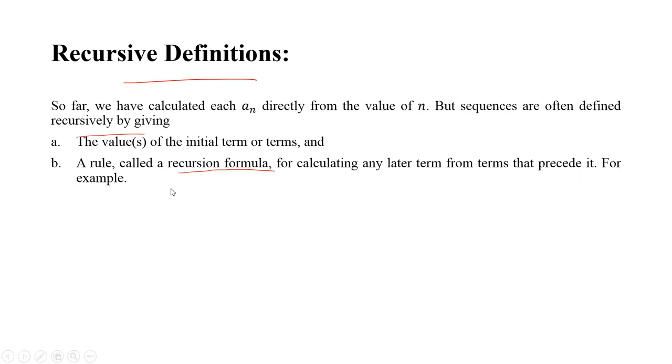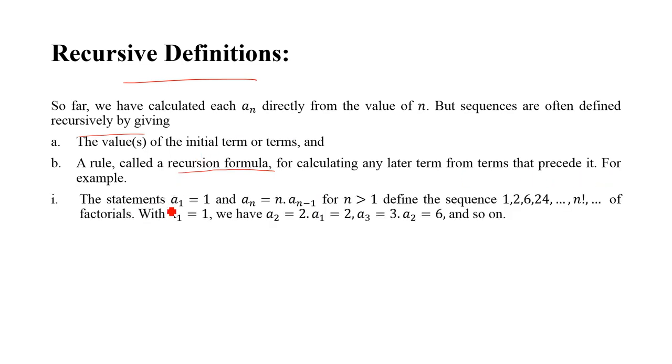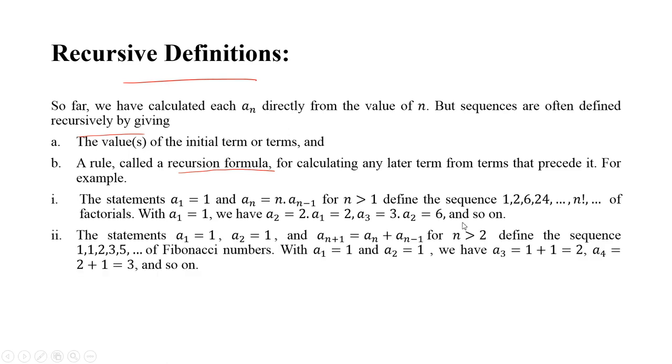For example, the statements a1 is equal to 1 and a_n is equal to n times a_(n minus 1) for n greater than 1 define the sequence of the factorials. With a1 equal to 1, we have a2 equal to 2, a3 equal to 6, and so on.